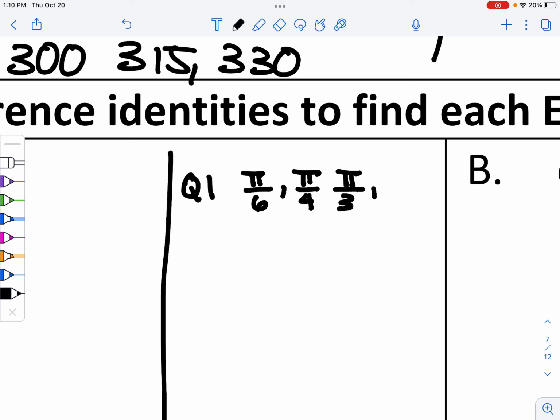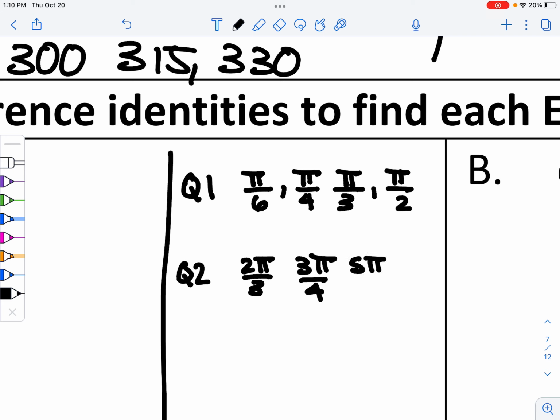We also know that 90 degrees would be pi over 2. Quadrant 2 would be 2 pi over 3, 3 pi over 4, and 5 pi over 6. We also know that we have pi right there at 180.